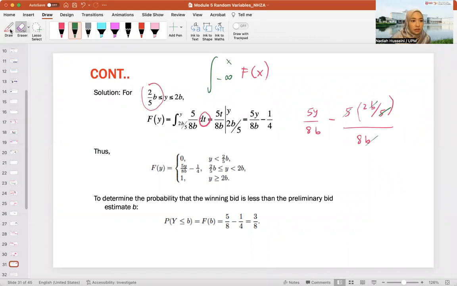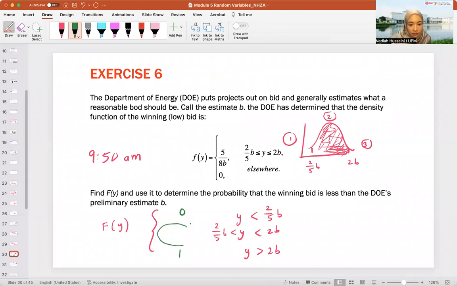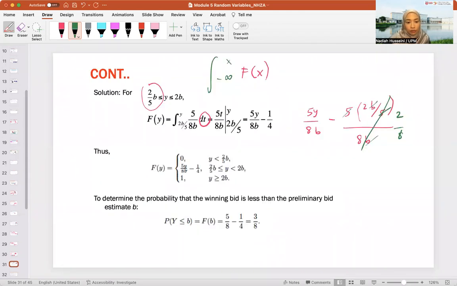I missed this one. So you only have 2/8 left, okay? 5y over 8b minus 2 over 8. This is your cumulative distribution function between the interval 2b over 5 up to 2b. So you put it here, the middle part that we were missing over here. Okay, so 5y over 8b.